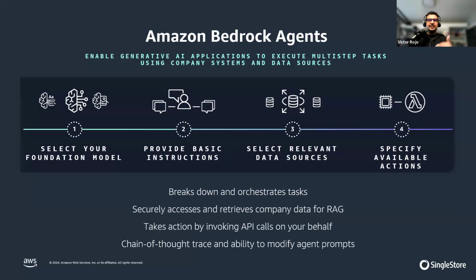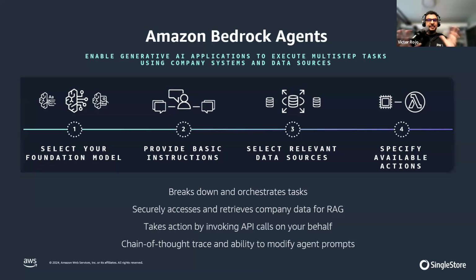Examples of these processes could be booking a flight seat, filing and processing insurance claims, or ordering replacement parts. These are examples of processes that an agent could help us with.